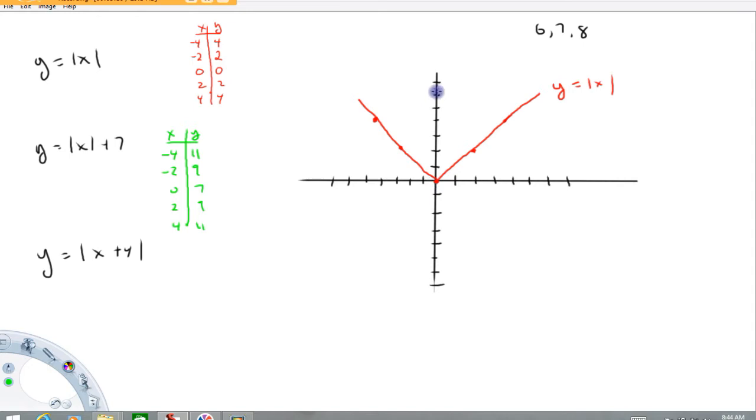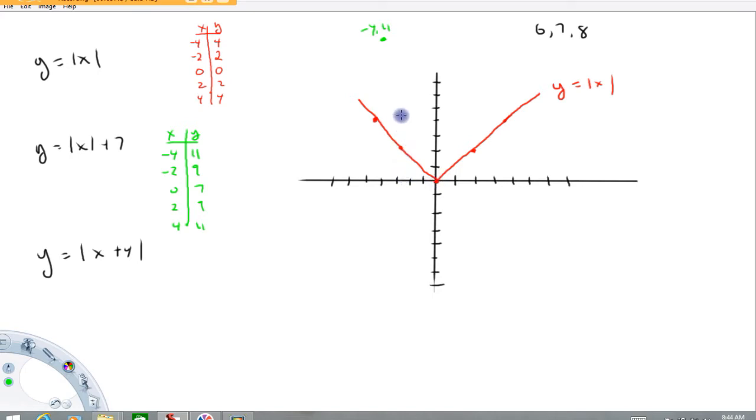My graph, I didn't get quite high enough, so I'll get them approximately where they need to go. 4 to the left, 11 up: 1, 2, 3, 4, then 1 through 11. That's about there. I'll label it: -4, 11. You can get that in the right spot in your notes. -2, 9: 2 to the left, 9 up.